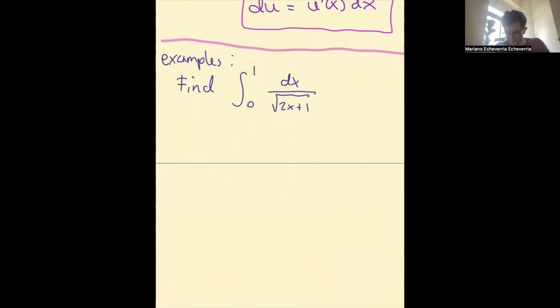So let's find first this integral, or antiderivative. It's also called the indefinite integral.